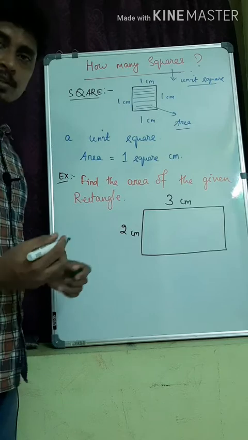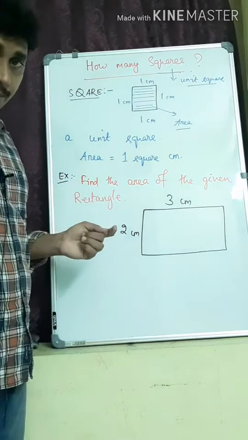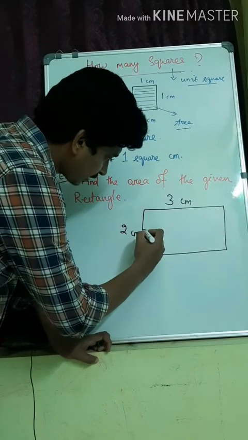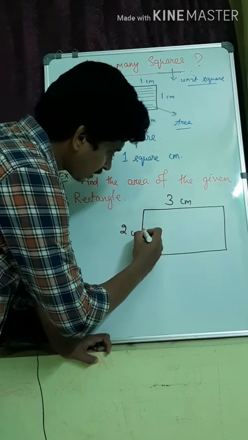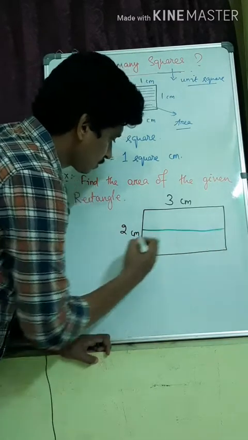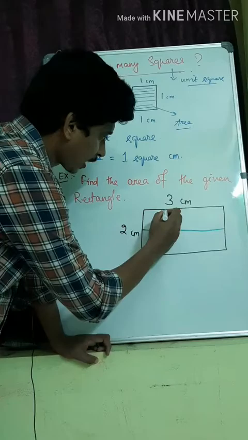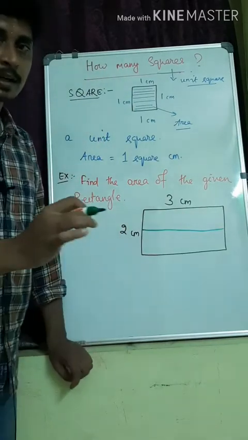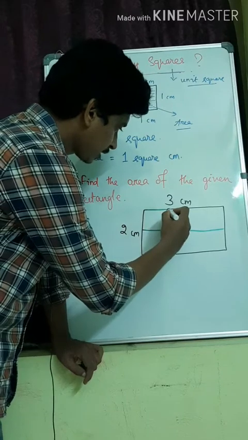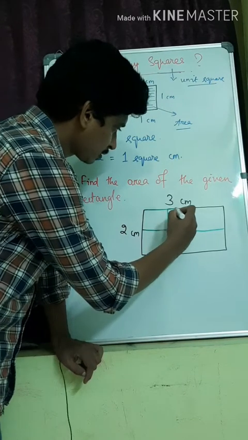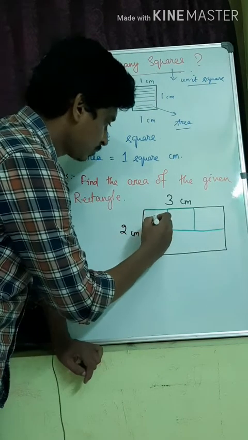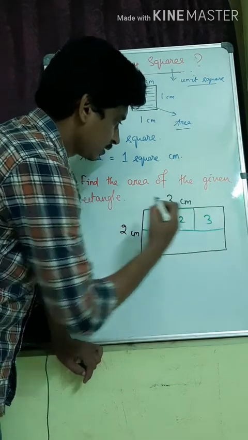So how many rows, children? As the width is 2 centimeter, we can arrange squares in 2 rows, row 1 and row 2. And how many squares are there in each row? As the length is 3 centimeter, first square 1 centimeter, second square 1 centimeter, and the third square also 1 centimeter. So 1, 2, 3.